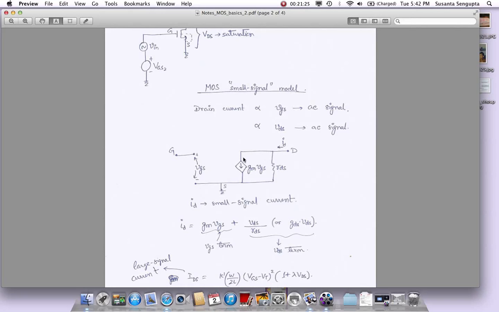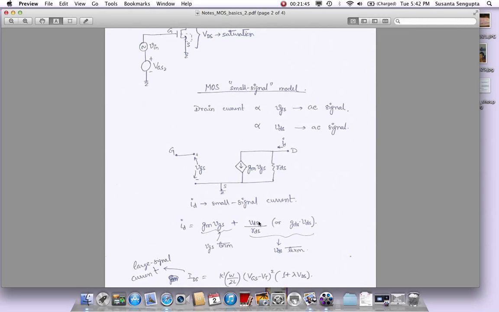That pulls the current through the drain. Okay, so that's one component, which is here. So any VGS causes a dependent current source, which is GM times VGS, flowing from the drain to the source. Okay, so that's the first component, which is based on the gate perturbations, this term here.